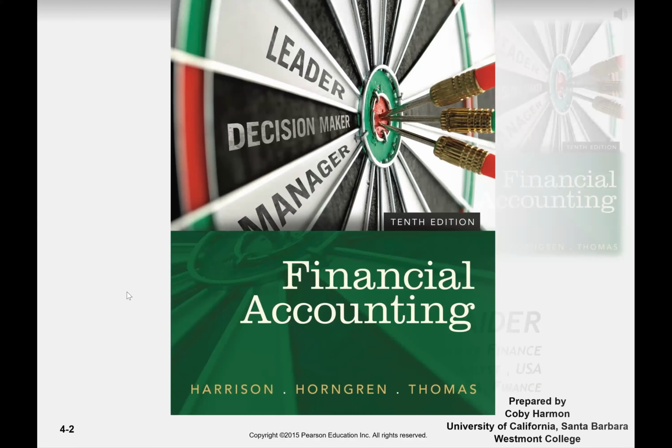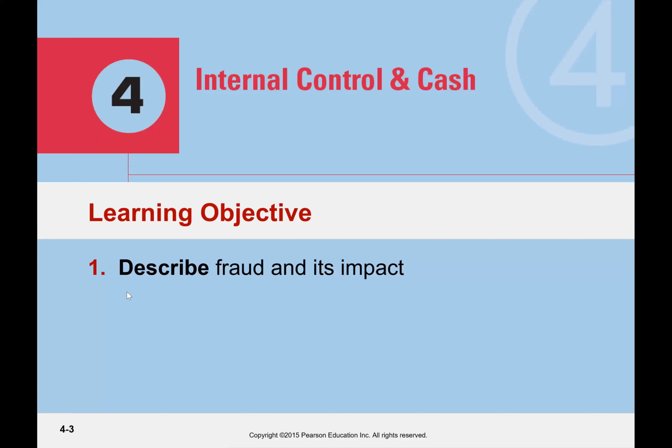So today we are starting a new chapter named Internal Control, Internal Cash Control, and the treatment of cash. From now on, we are going to talk about the treatment of balance sheet items.